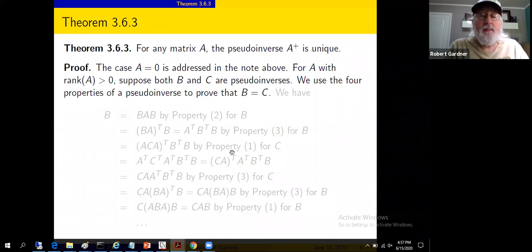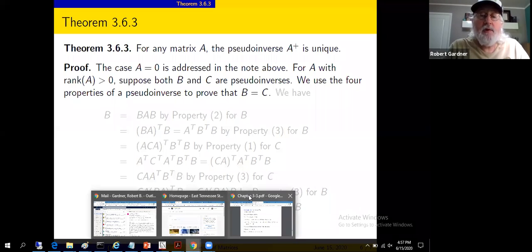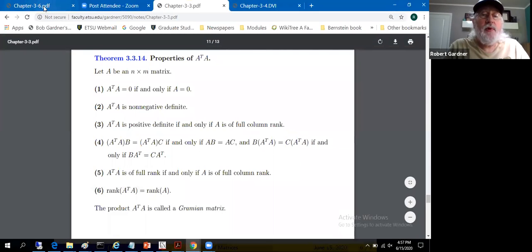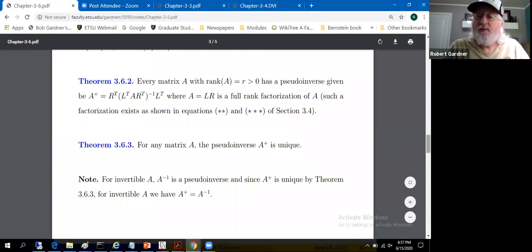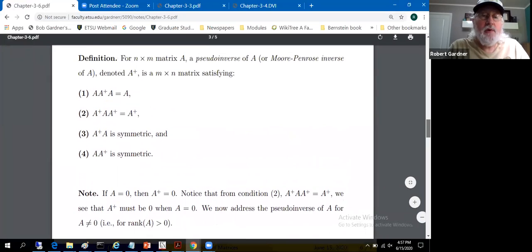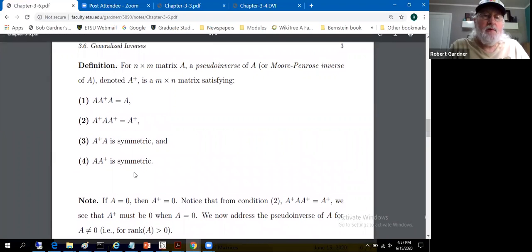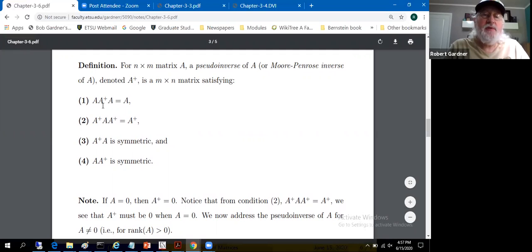Let me get the definition of pseudo inverse in front of us. The 3.6 definition of pseudo inverse was this: matrix times its pseudo inverse times matrix equals matrix. Pseudo inverse times matrix times pseudo inverse equals pseudo inverse.